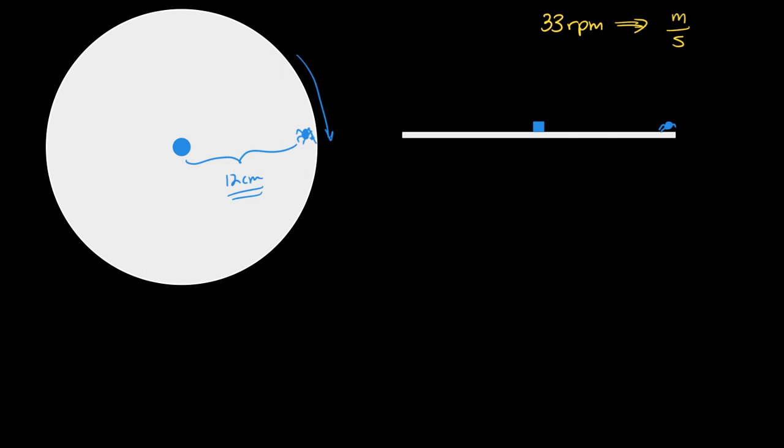In one rotation, the bug has traveled 2 pi r meters. Do you follow what I just said? So in one rotation, that's how far the bug went. But the bug did 33 of these rotations and did them in 1 minute.